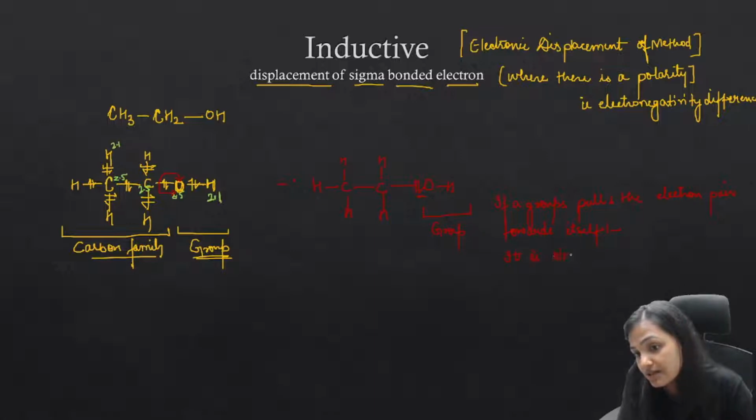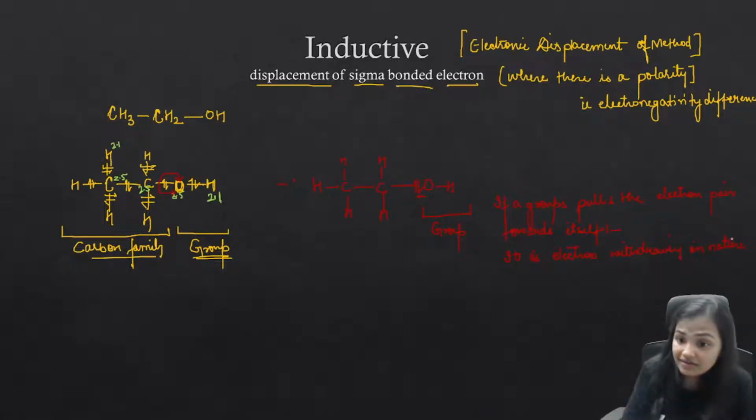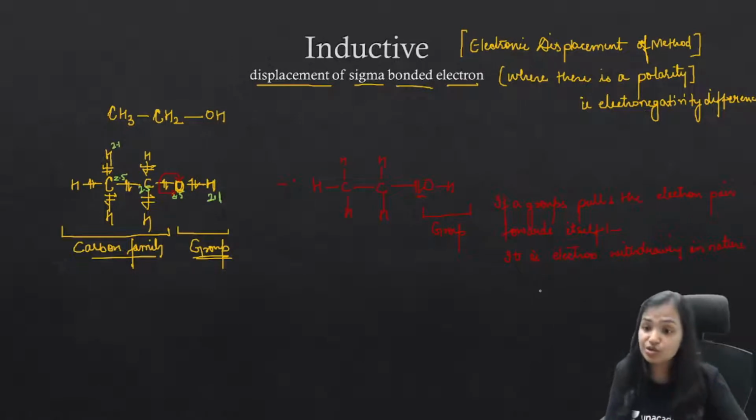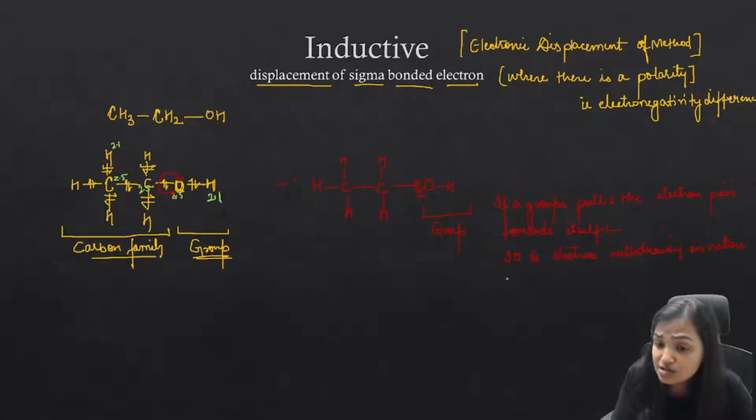Electron withdrawing in nature. If we have any such group, electron withdrawing in nature, it is represented as the minus I effect. This means that here the electrons are pulling in nature.